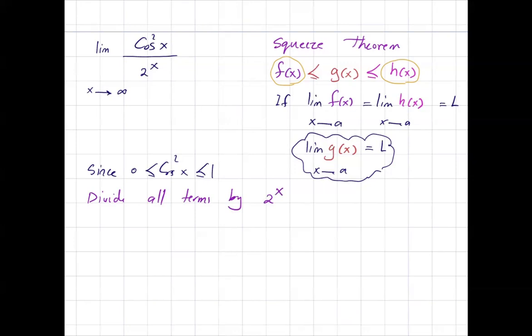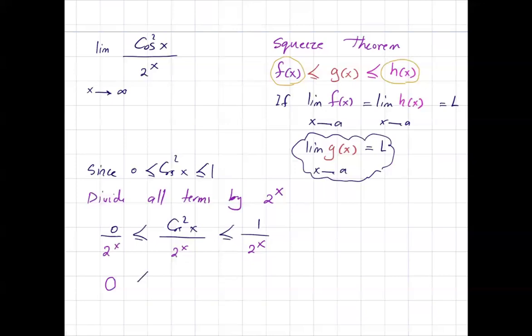So you end up with 0 divided by 2 to the x, cosine squared of x divided by 2 to the x, and 1 divided by 2 to the x. What happens is, on the left-hand side, you end up with 0.